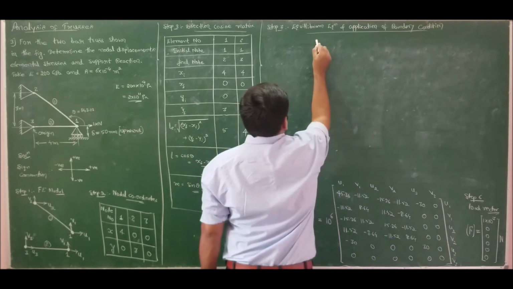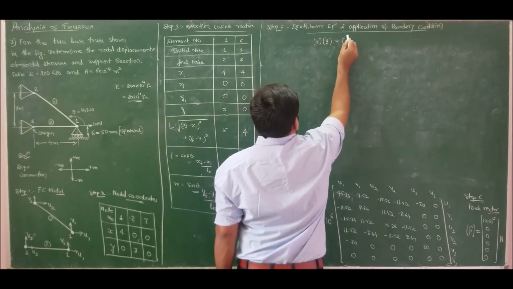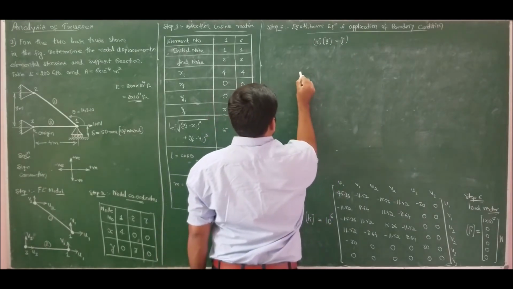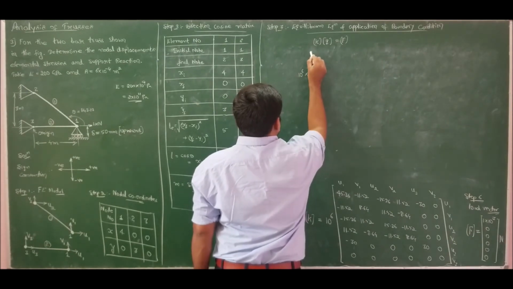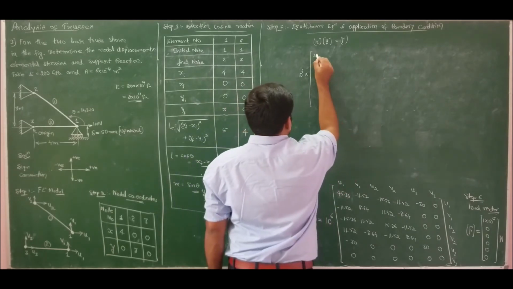You know that equilibrium equation is given by K matrix into Q matrix is equal to F matrix. We have the K matrix known to us, which is 10 to the power of 6 times. Let me complete the matrix.